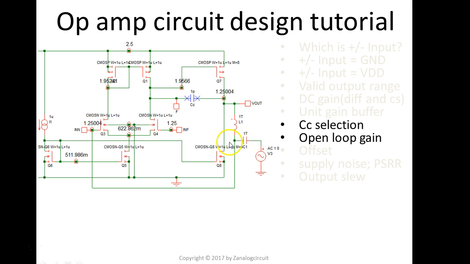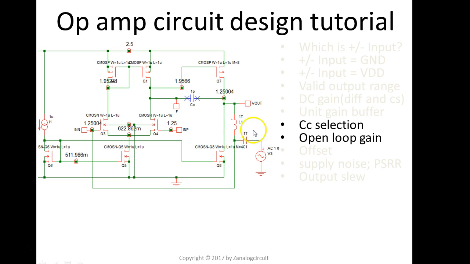In the old days, we didn't have that, so what we usually did was use a big inductor, 1 terahenry here, to block the output signal coming to the input. That's AC open, DC short. DC short means it does not disturb the DC bias point. AC open isolates the output and the input here.